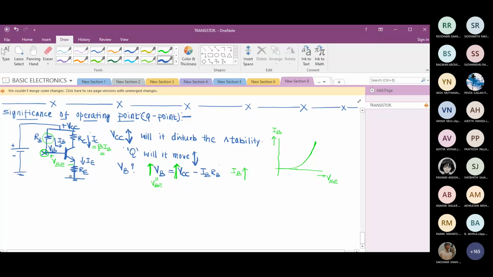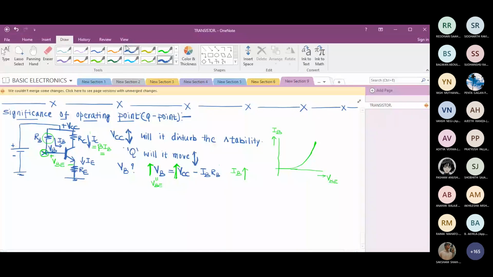What advantage do we have by connecting resistance RE? Do we have any advantage? Anybody in the class? Emitter current can be controlled.